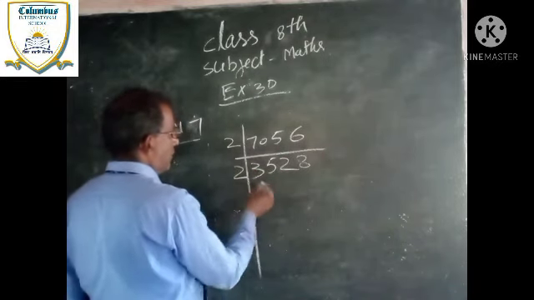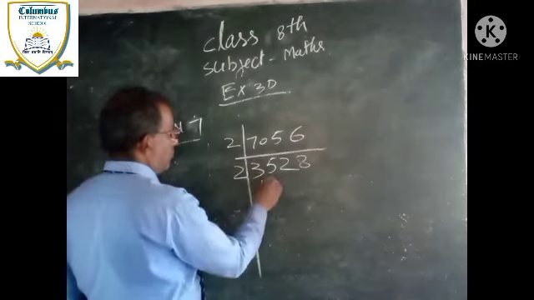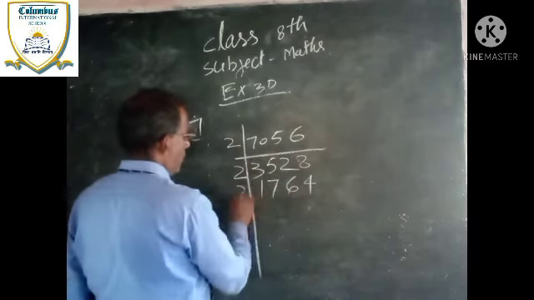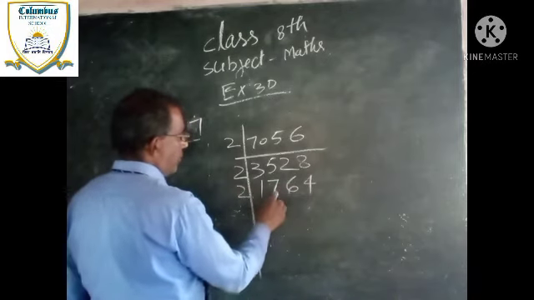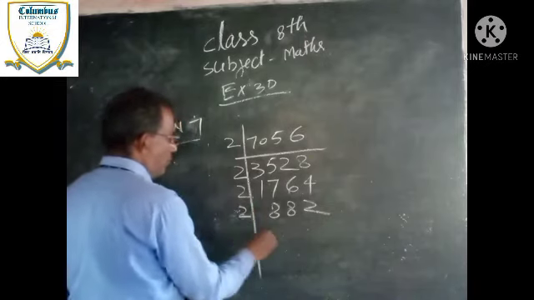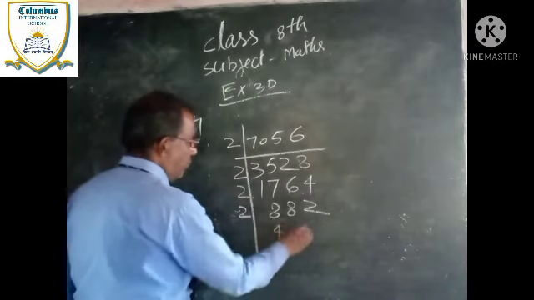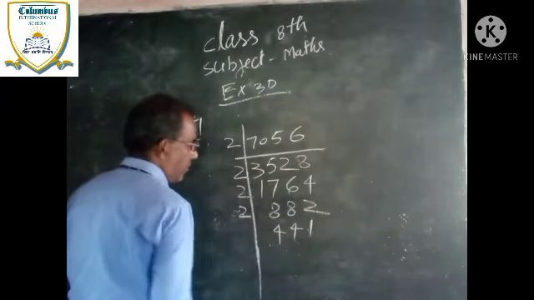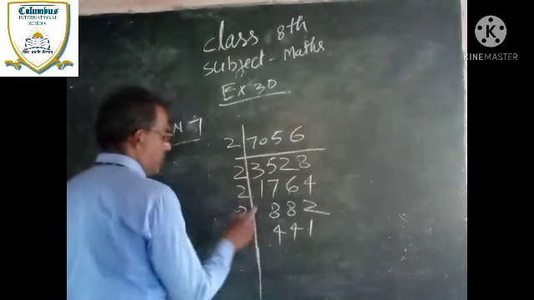Now by 2 once again, 2 ones are 2, 2 sevens are 14, 2 sixes are 12, 2 fours are 8, 2 eights are 16, 2 twos are 4, and 2 fours are 8, 2 ones are 2, and 4 plus 4 plus 8 plus 1 is 9. That is, it is divisible by 3.